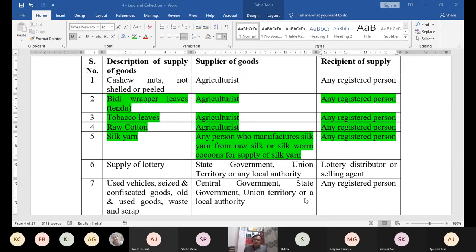The moment it is over, please inform so that I can proceed. BD wrapper leaf, tobacco leaves, raw cotton, silk yarn. Note who must be the supplier and who must be the recipient.